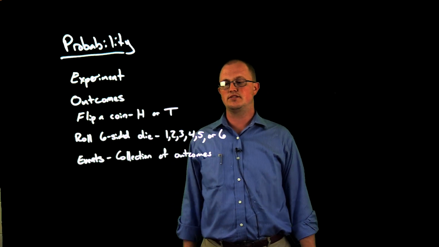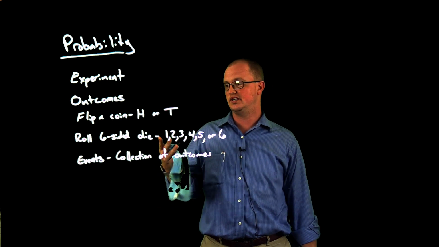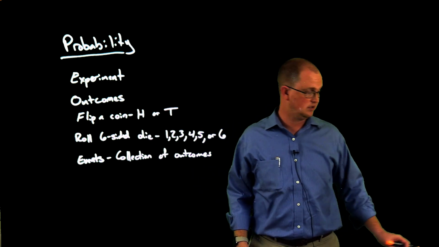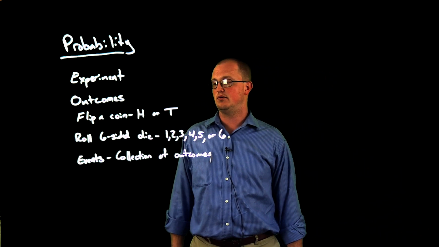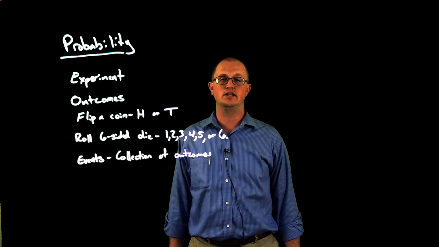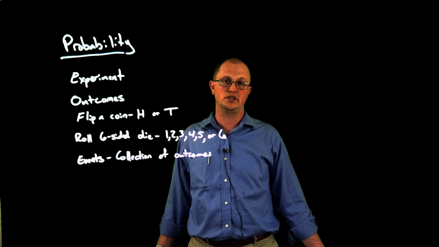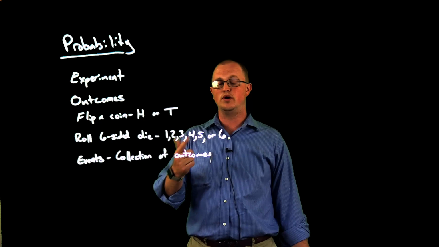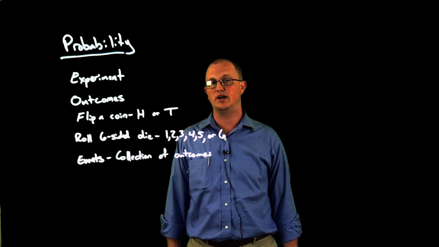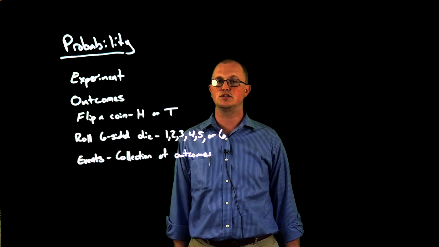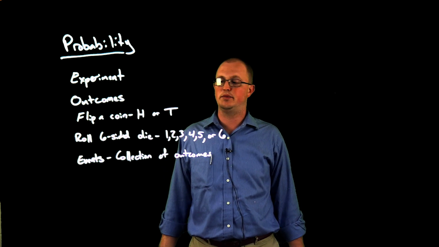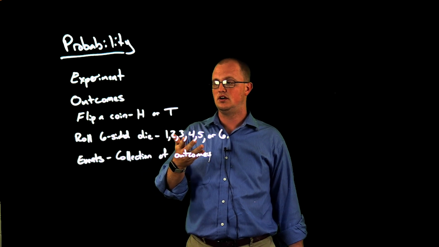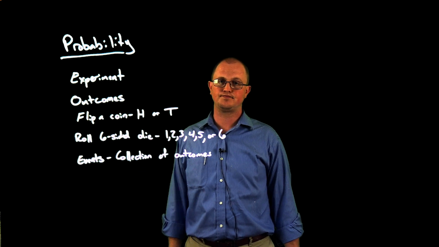So instead of asking what's the probability of me rolling a six-sided die and getting a 3, I might ask what's the probability of rolling a six-sided die and getting something less than or equal to 3. Then instead of just one of the outcomes being what I'm interested in, what's the probability of getting a 1, a 2, or a 3. So any combination of these outcomes we can call an event.